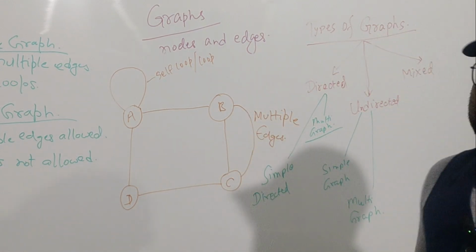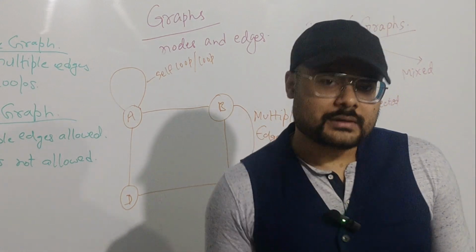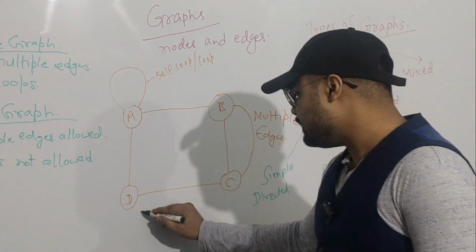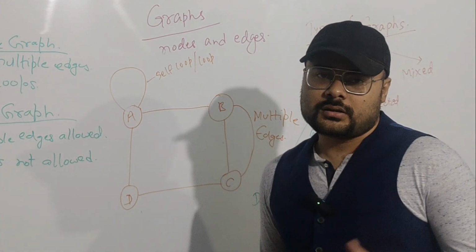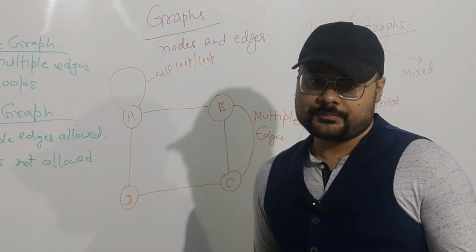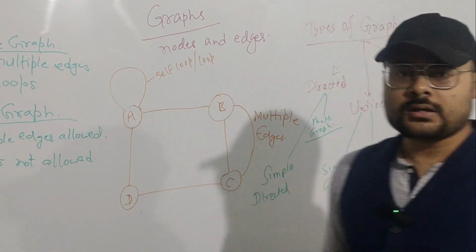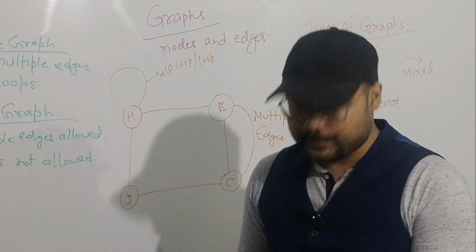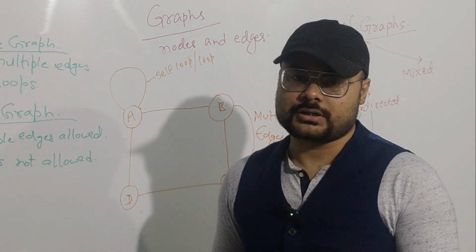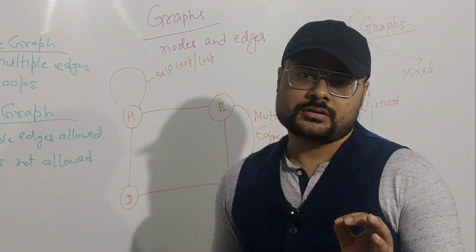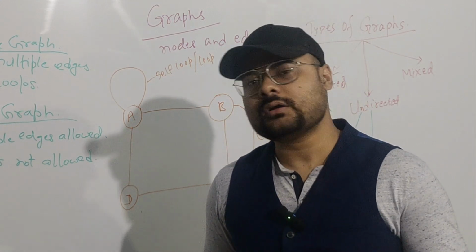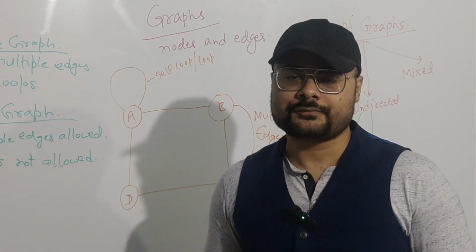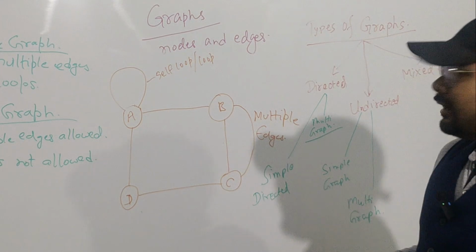No, it is still a multigraph. If a graph is a multigraph, it means that giving multiple edges is allowed. But if a graph is defined as a simple graph, then you cannot add a multiple edge or a self loop on that graph. So it is about allowance.